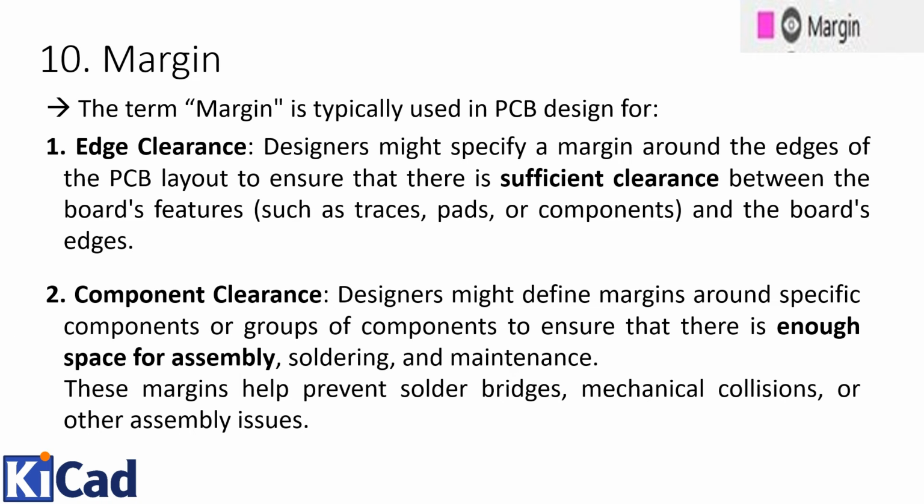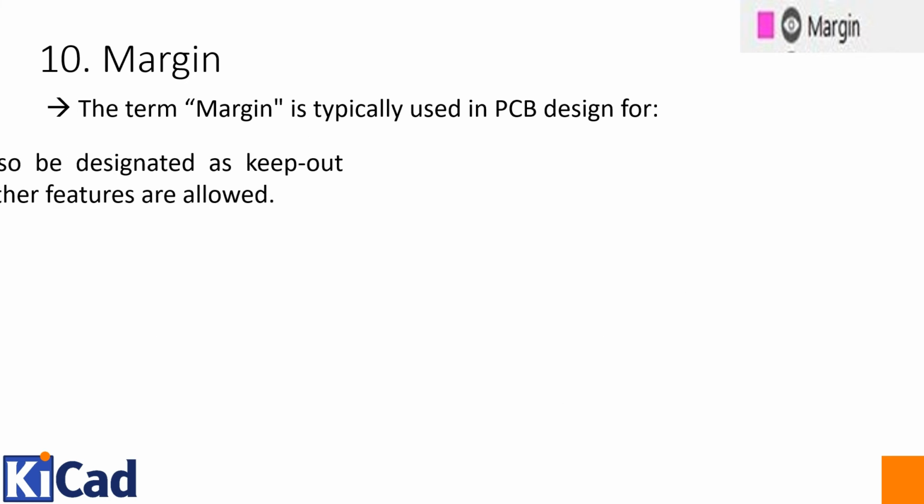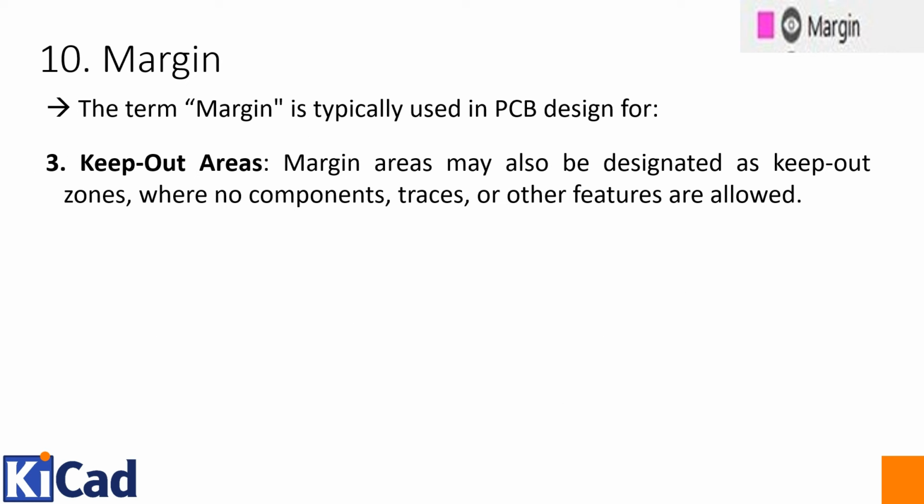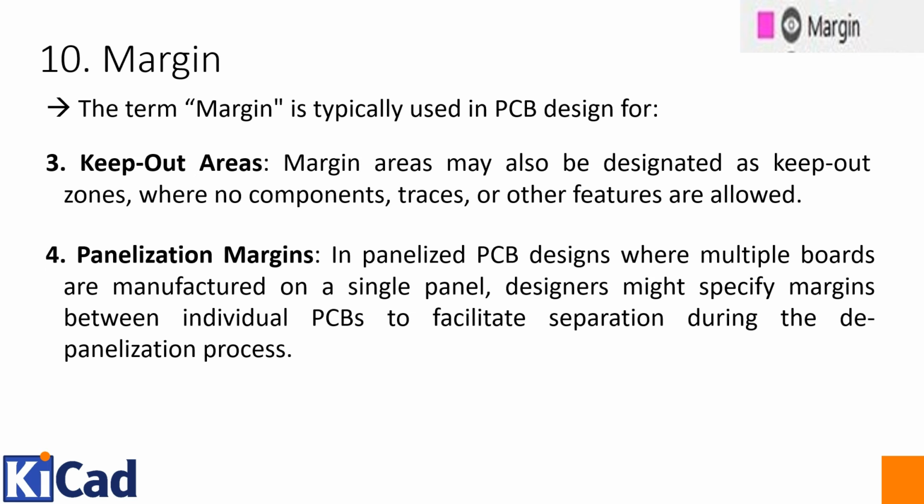Component clearance. Designers might define margins around specific components or groups of components to ensure that there is enough space for assembly, soldering, and maintenance. These margins help prevent solder bridges, mechanical collisions, or other assembly issues. Keep out areas. Margin areas may also be designated as keep out zones where no components, traces, or other features are allowed.